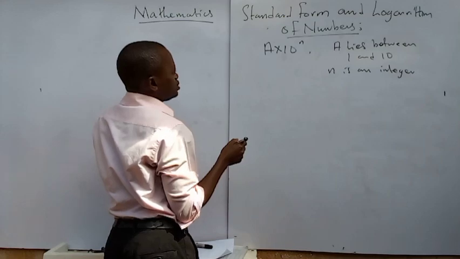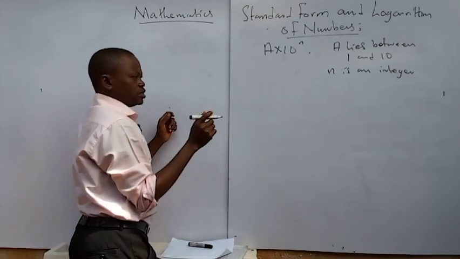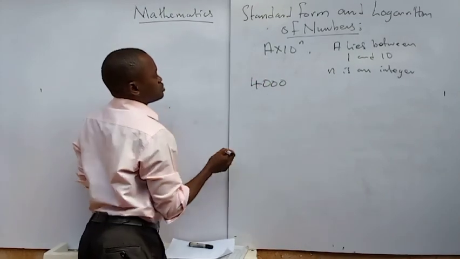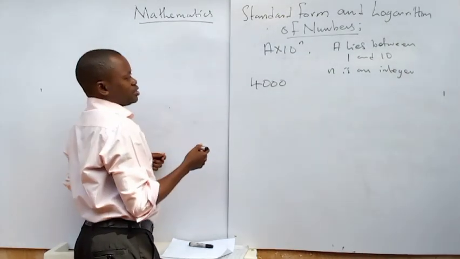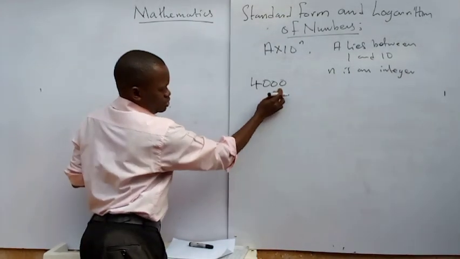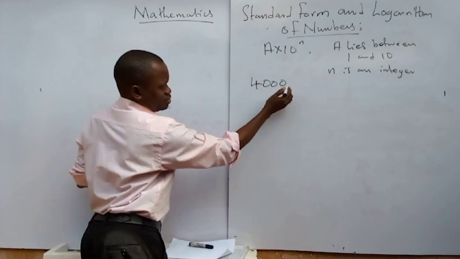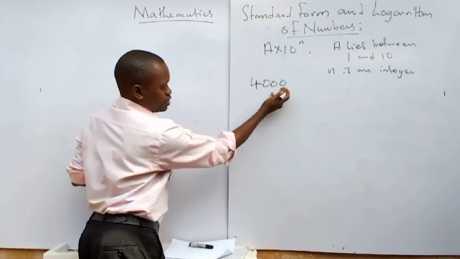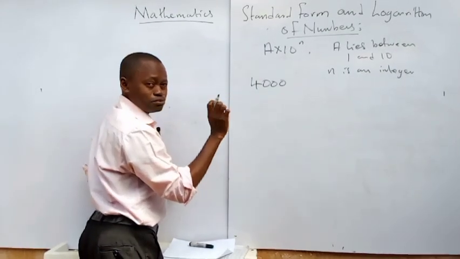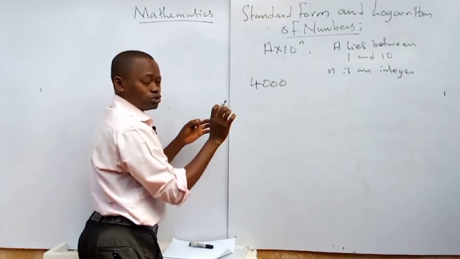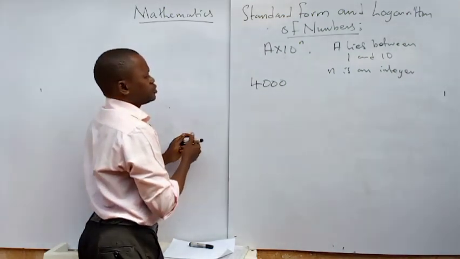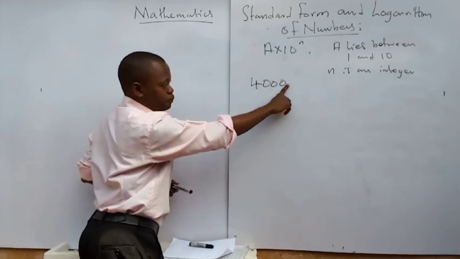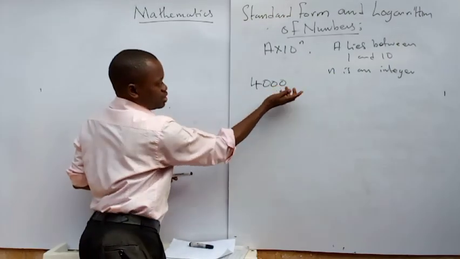So if I give you 4,000, put 4,000 in standard form. It's clear that this is 4,000, and the decimal point is here, after this, even though we didn't put it.